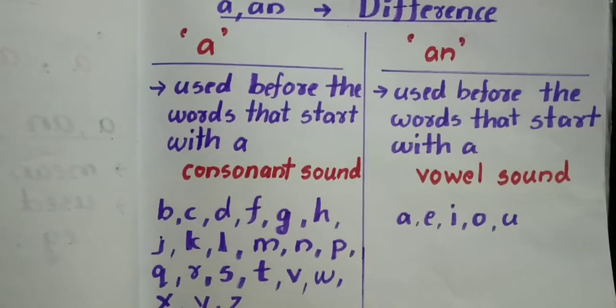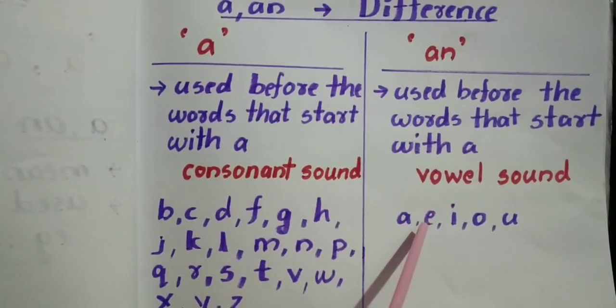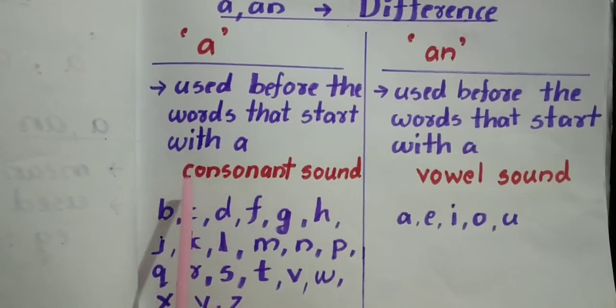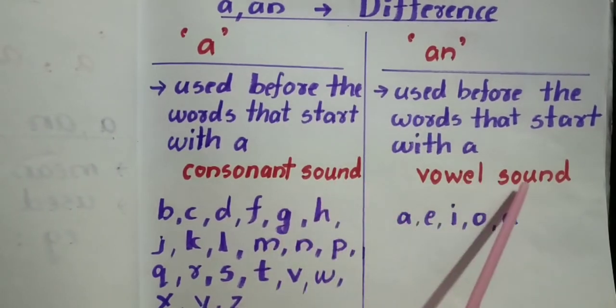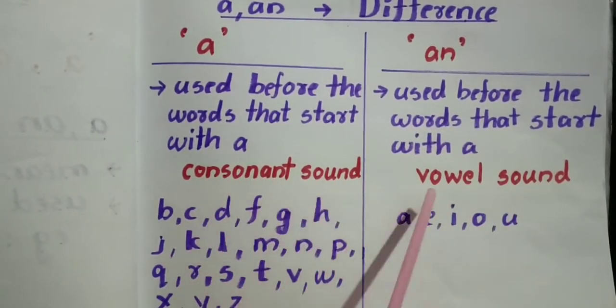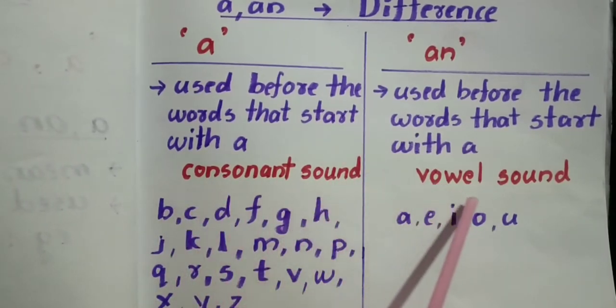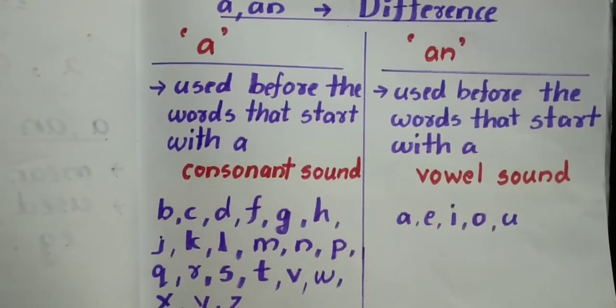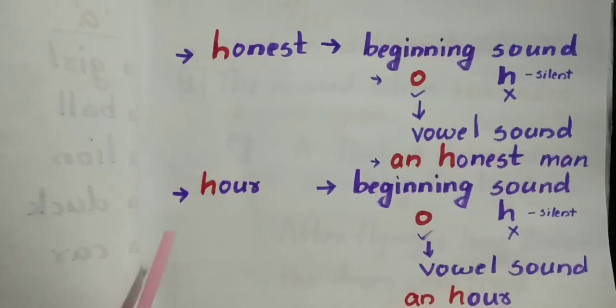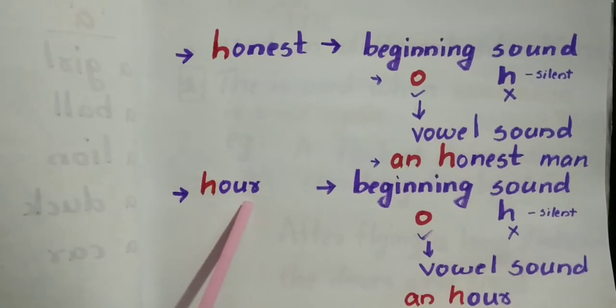Why? Because I already mentioned that sometimes consonant letters make vowel sounds, and sometimes vowel letters make consonant sounds. So we have to look for the consonant sounds and vowel sounds, not consonant letters and vowel letters. Again we have a similar word here, hour. It is not 'hour' with an H, it is 'our'.